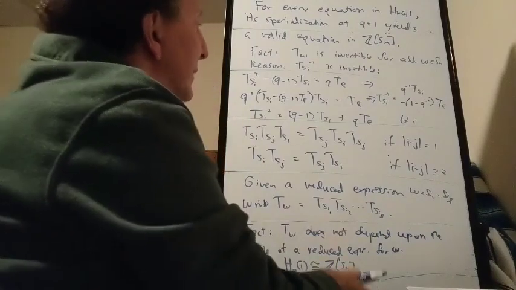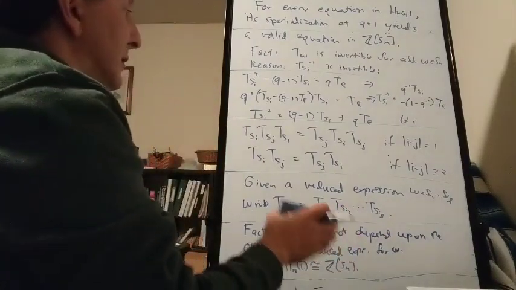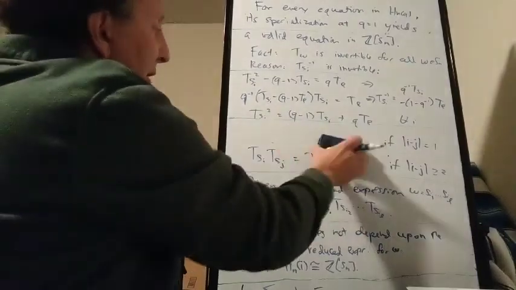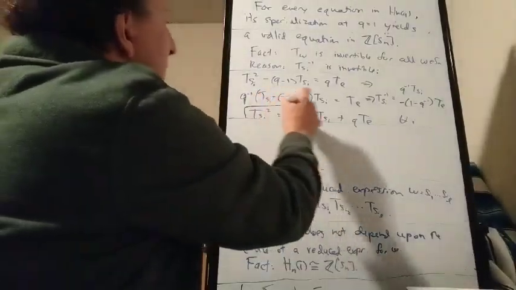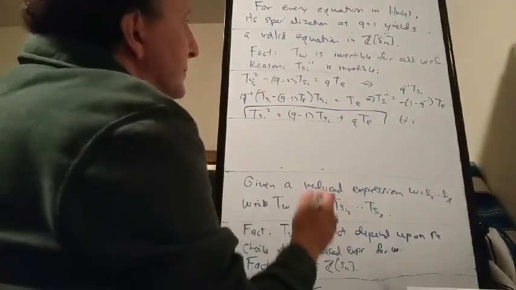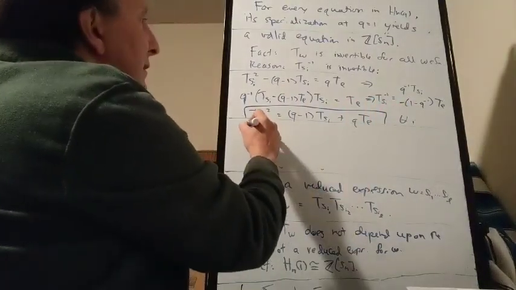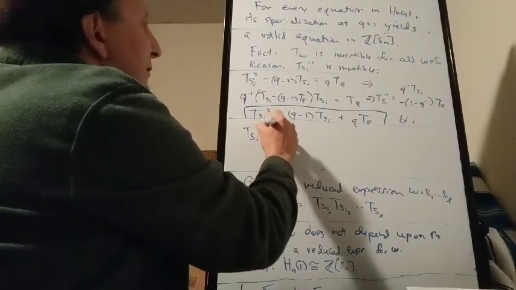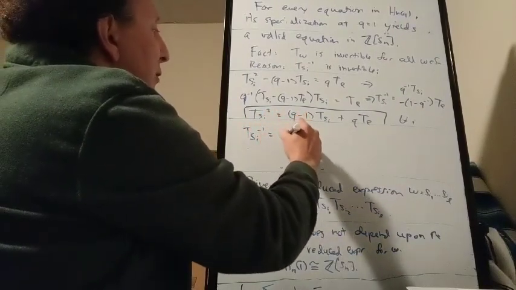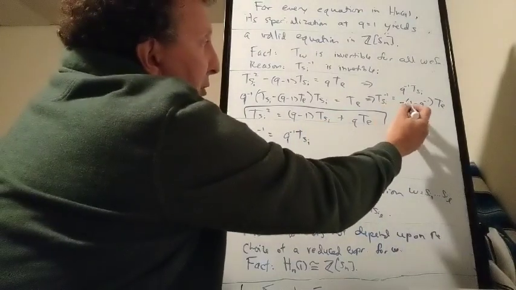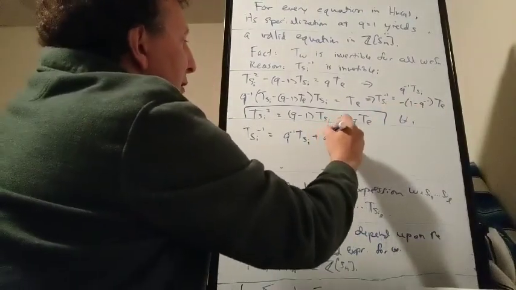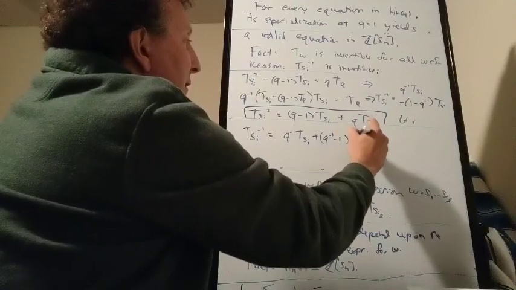And I guess we could make that a little bit nicer still. I'll keep that relation there. So we could say T_{s_i} inverse equals q inverse T_{s_i}. It'll be minus 1 plus q inverse, plus (q inverse minus 1) T_e.